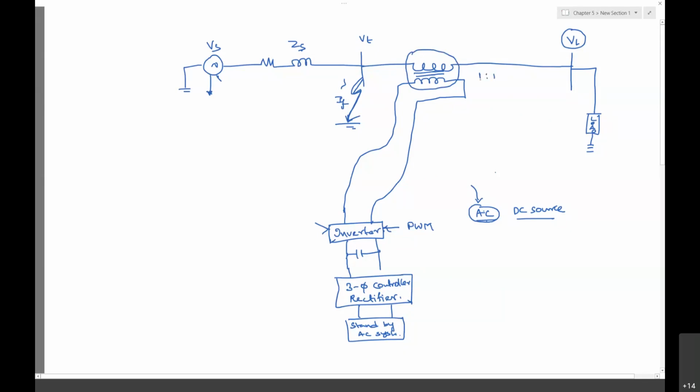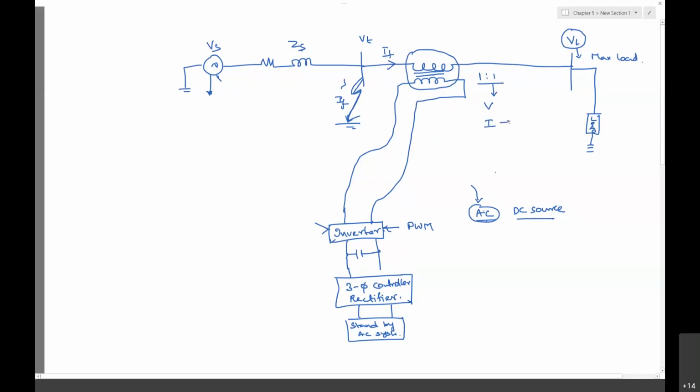If at the load point we have connected a maximum load, then the current rating of the transformer should be the full load current. The 1:1 transformer should have a voltage rating as well as a current rating.